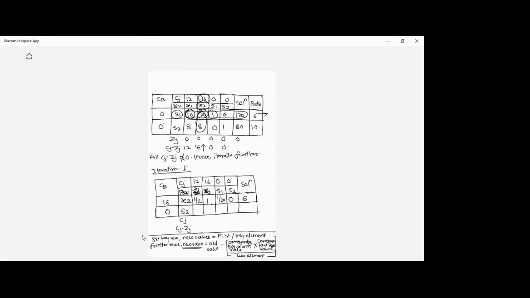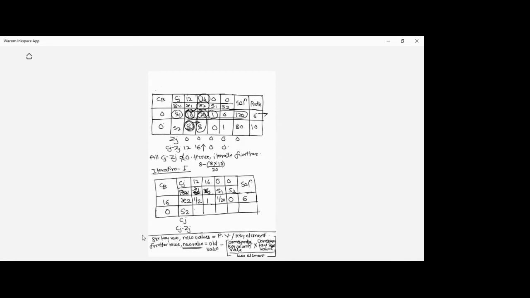So now we are going to find out the new value of 8 here, right? So this is the 8 value that we are going to find out. So what is the old value? The old value is 8, minus the corresponding key column value. The key column consists of 20 and 8. So the key column value will be 8, into the corresponding key row value, which is this particular value, 10, right? 10 divided by the key element, which is 20.